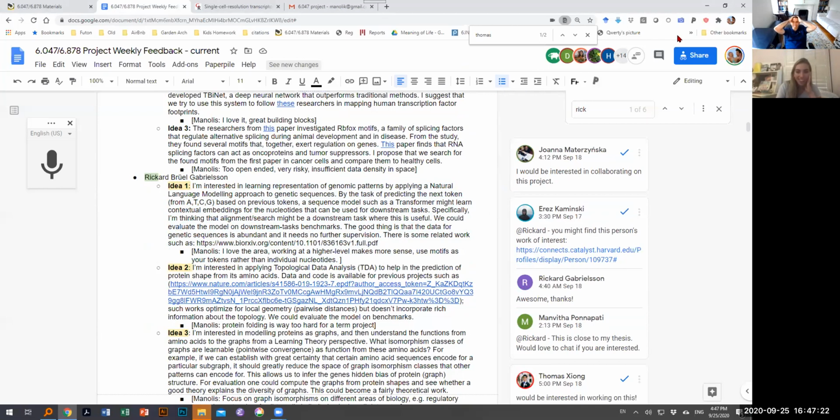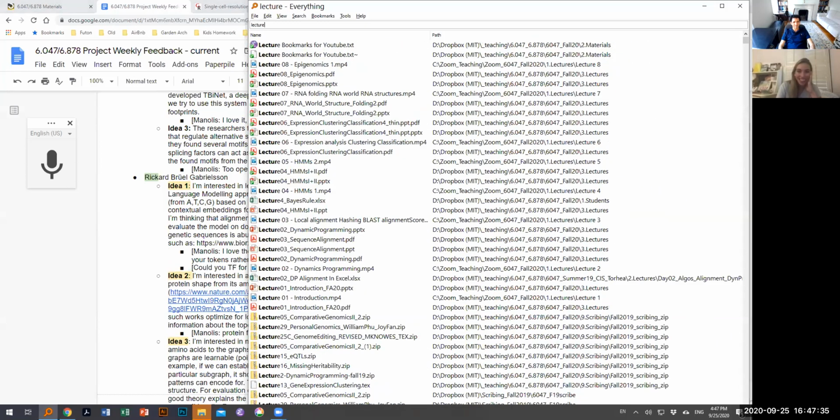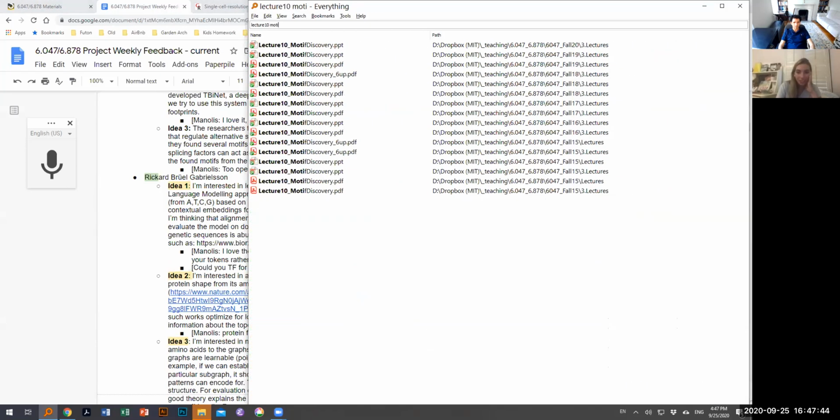So basically one idea could use TFs for gene regulatory modeling. See next lecture, epigenomics. No, not the next lecture, but the lecture after.